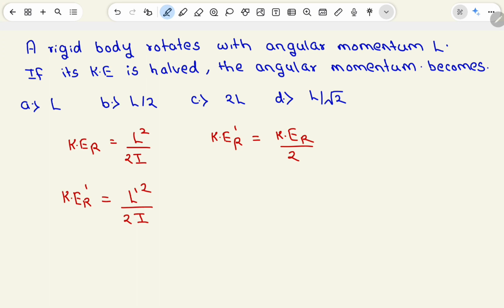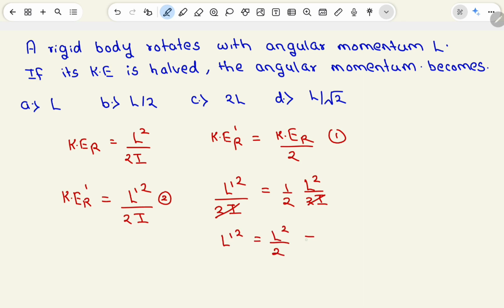So if we use this equation 1 and 2, and if we equate them, we can easily see that L dash square upon 2I is equal to half of the initial rotational kinetic energy, which is L square by 2I. 2I and 2I get cancelled, and we get L dash square is L square by 2. And from this, we can easily find out that L dash is nothing but L by root 2. So the correct option is D.